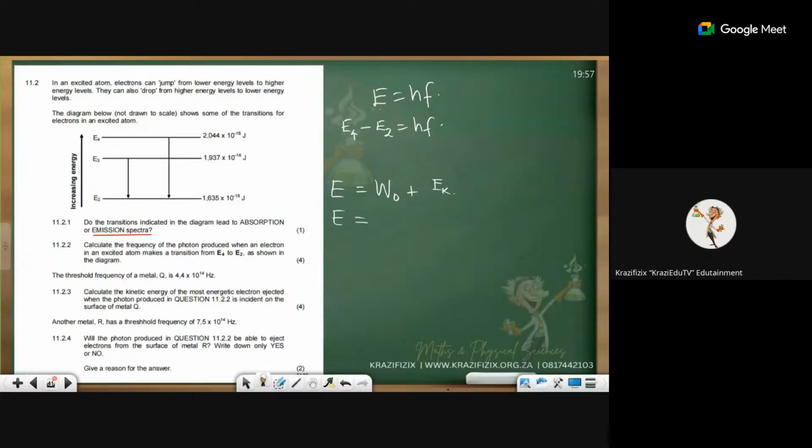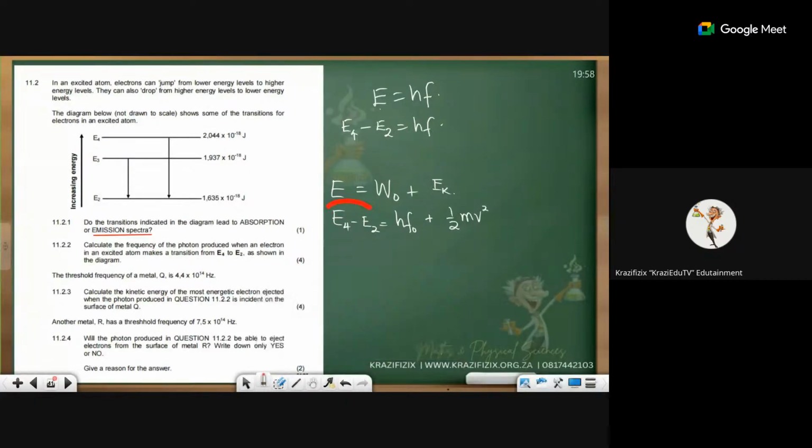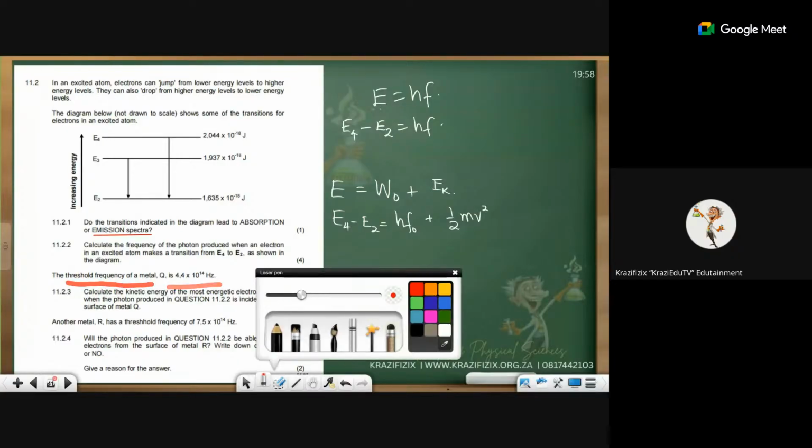So our E4 minus our E2 is my E, right? Why am I bringing hf naught? Because they gave me the threshold frequency as 4,4. So everything is already done.